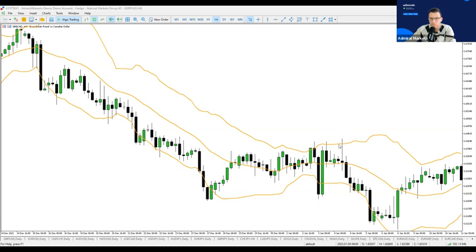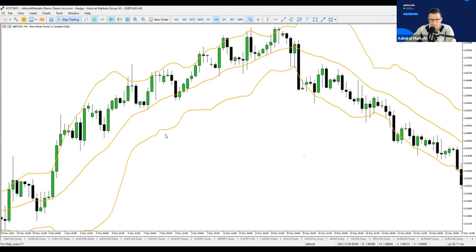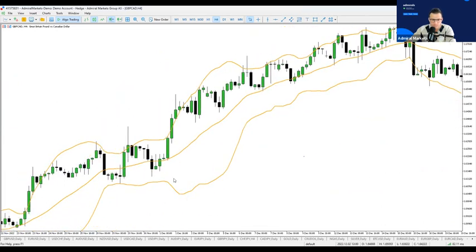We want to see a small price reversal at the top or at the bottom, so we can take the opposite side and make profit by the time the price comes and touches the 20 period moving average.